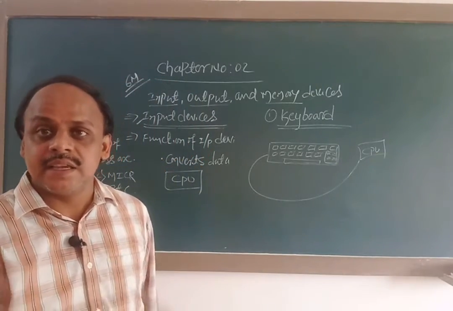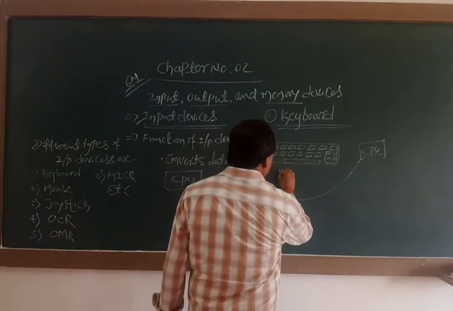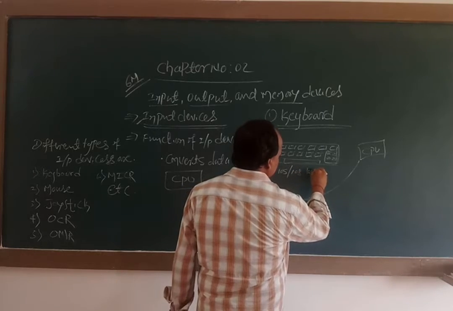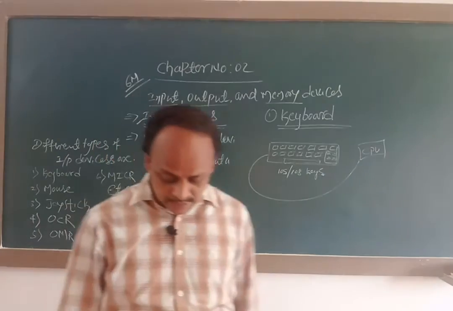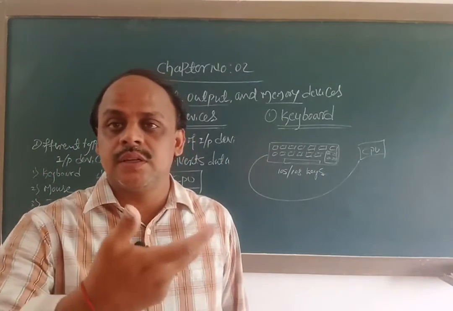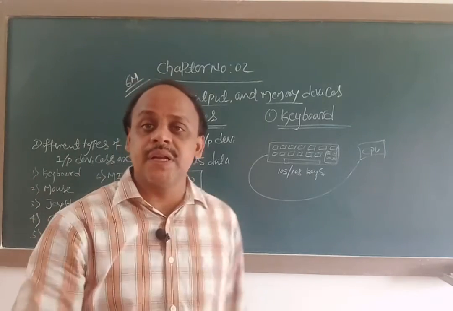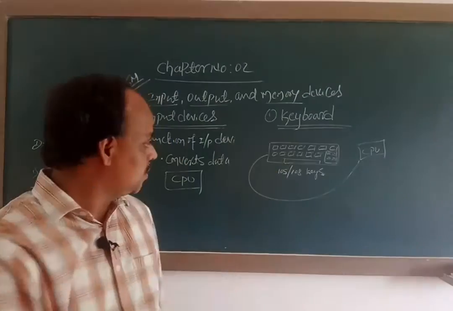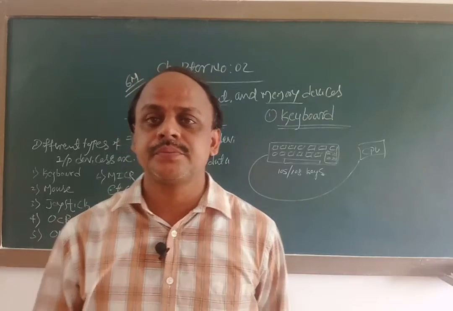It contains a typewriter machine with 105 to 108 keys. You can count the key buttons which are there on the keyboard. Approximately 105 to 108 keys are there on the keyboard.